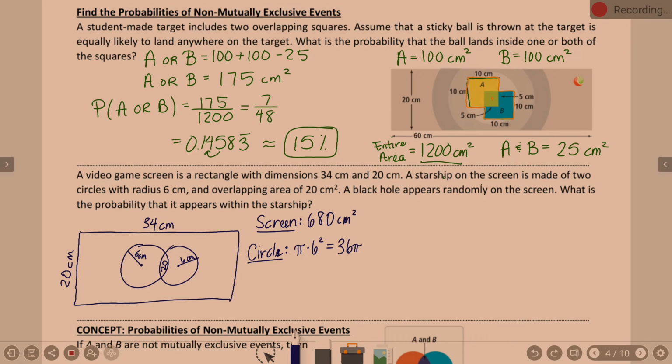And besides the circle, the other thing we need to know that they've already told us is the overlap, and the overlap is 20 square centimeters, right? Okay. How are we going to do this? What do we know about this starship?